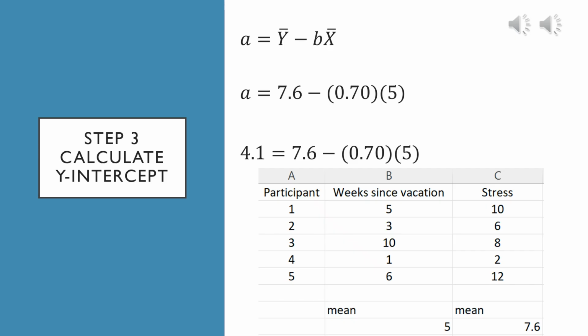So if you've just had your vacation, or you're on your vacation, I guess, then your stress level, we would predict, would be 4.1. If you have had 0 weeks since your last vacation, so you're either on your vacation or maybe just coming off your vacation, your stress level would be 4.1.